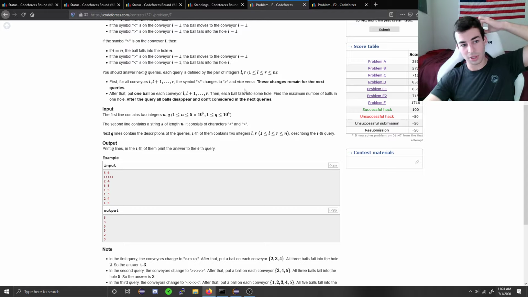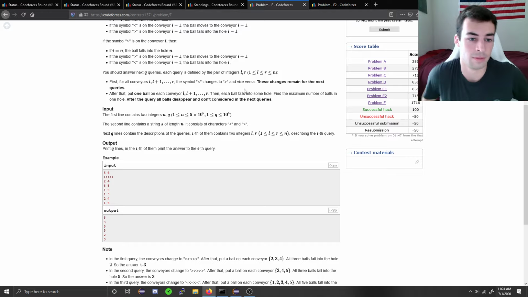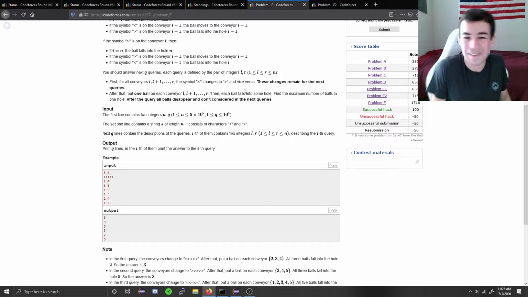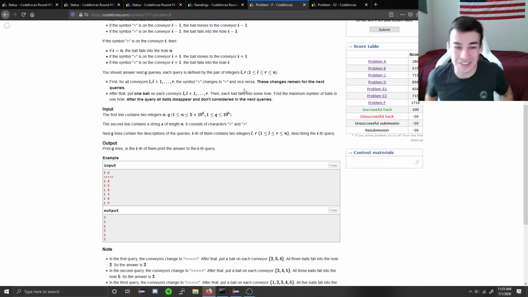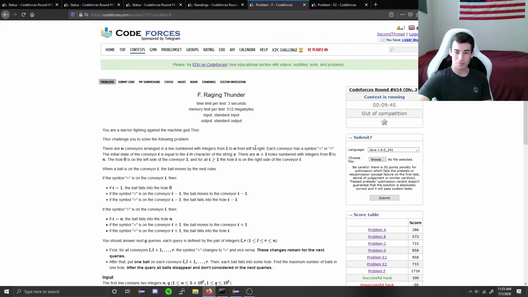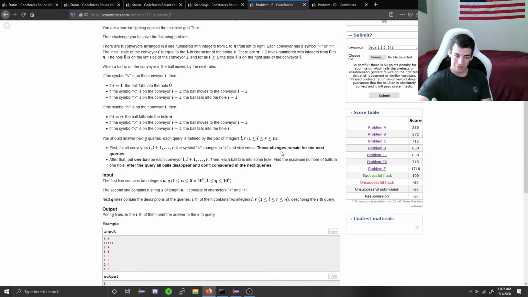Wait, is this just the same thing as Sneetches? Oh man, dude, I wish I would have done really well if I did this round. I think this is the exact same problem as Sneetches. Darn. I should have read this problem before doing E, because I definitely could have gotten this one.